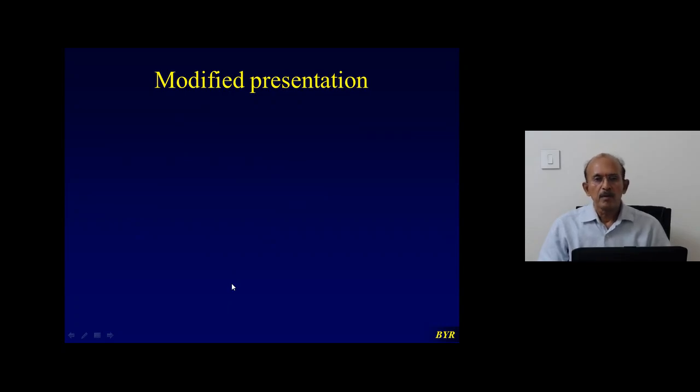So the abdominal organs, the viscera, if diseased, manifest in the form of pain, or in the form of dysfunction. Dysfunction means it can be anorexia, nausea, vomiting, diarrhea, constipation, jaundice, urinary micturition trouble or menstrual trouble.